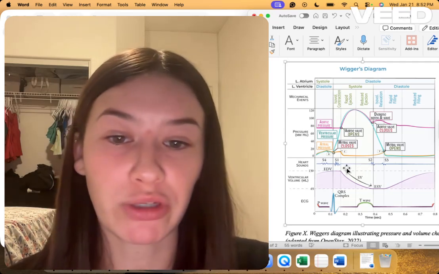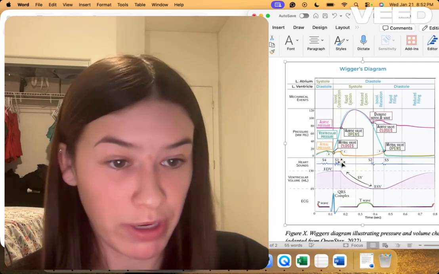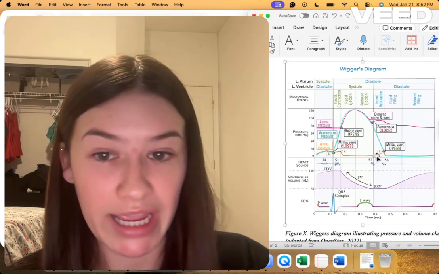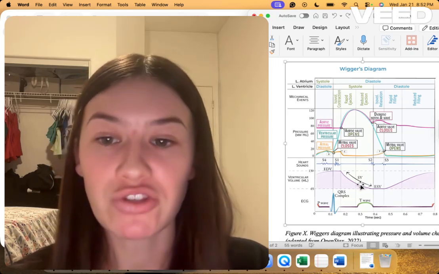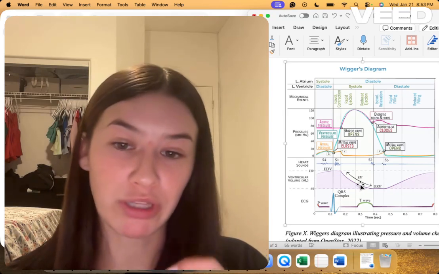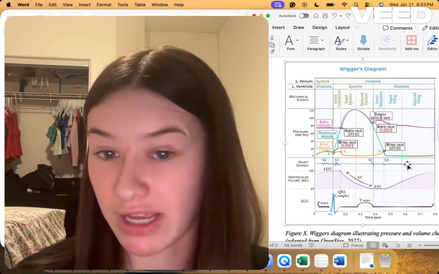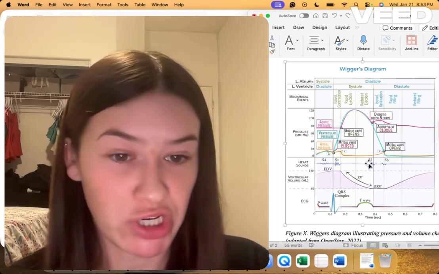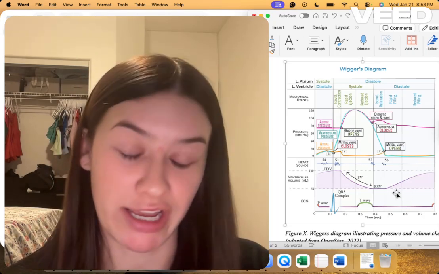Once ventricular pressure falls below the atrial pressure, the mitral valve opens, which is where we are, and the ventricle begins to fill again. This marks the start of the next cardiac cycle, and these volume changes down here directly affect the cardiac output.